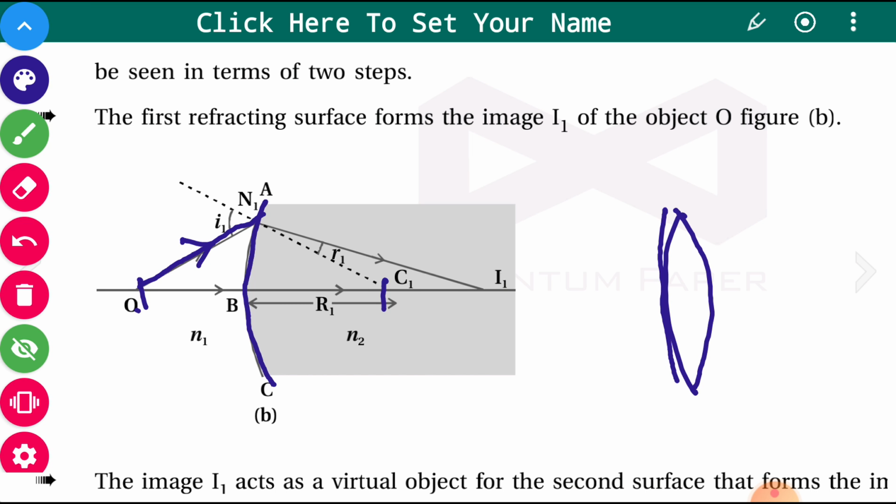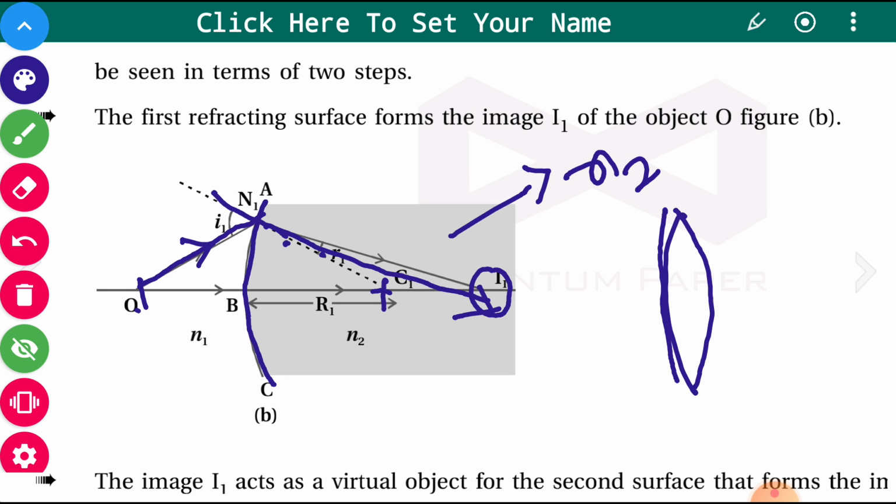Here is the center of curvature for this particular surface. This dotted line shows the perpendicular drawn at the point of incidence. The light ray will be refracted and go in this direction, and its image is formed if there would be a medium of refractive index n2.